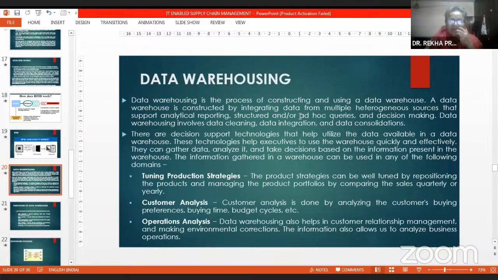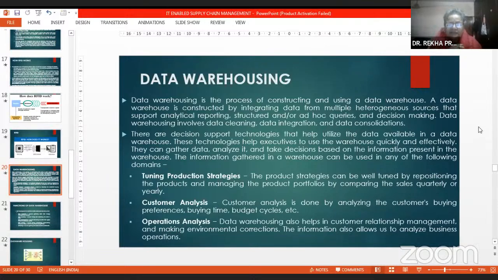Just like you have a warehouse where all the goods are stored, and from there it goes to the retailer, and from the retailer to the consumer. So over here, all types of data from all the different sources are stored, so that it can be further analyzed and used in the way it has to be used.